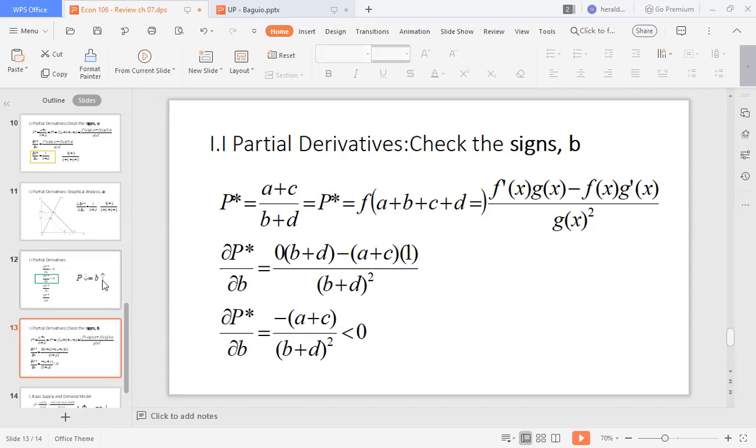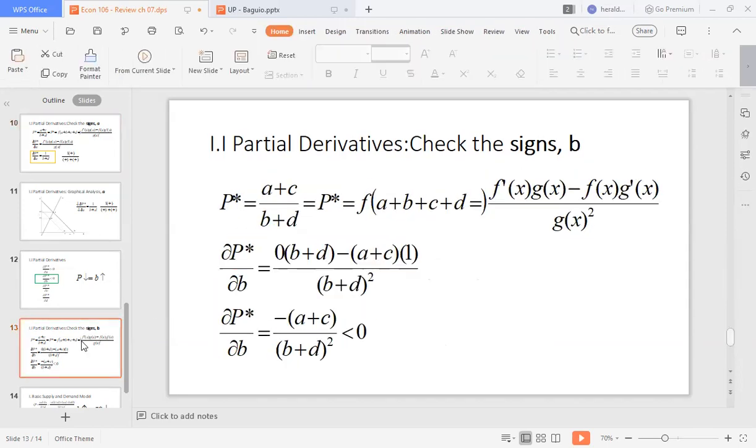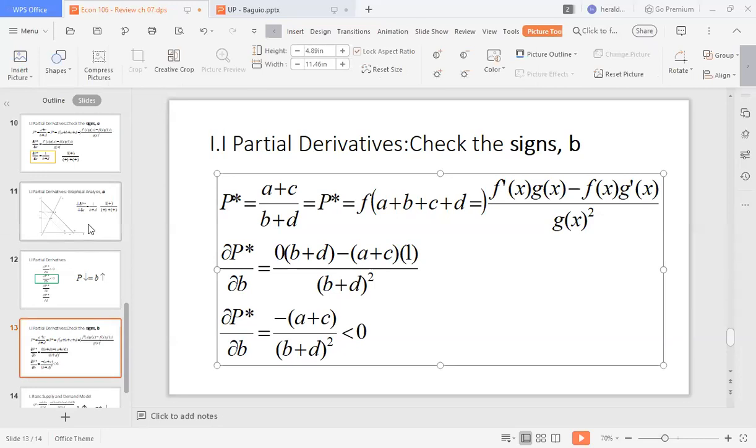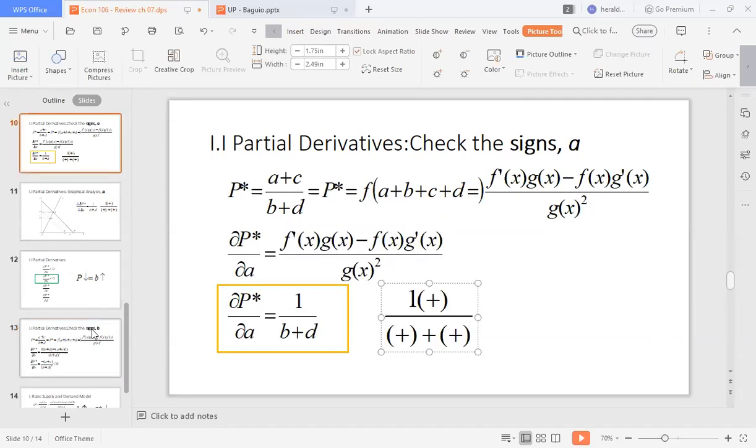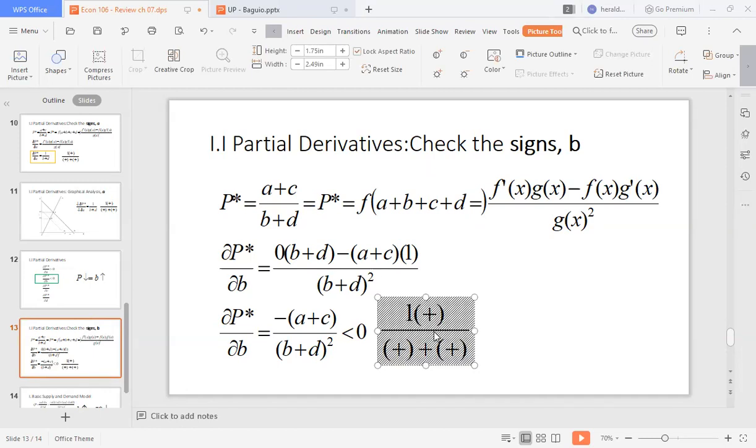Okay, let's do also this one similar to this. For a while, let me just put it just to be consistent. So A is positive. Okay, so we have a negative sign.